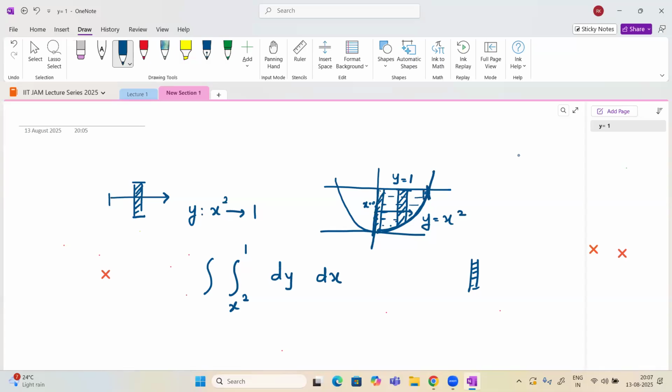At the initial stage, at this point, the value of x is 0, since this is the y-axis, so the limits of x start at 0. And it will go up to this point whose coordinates are 1, 1. That means the value of x is 1. Since we are interested in the value of x, x will vary from 0 to 1. So the limits of x will be 0 to 1. Have you understood? Yes, sir.